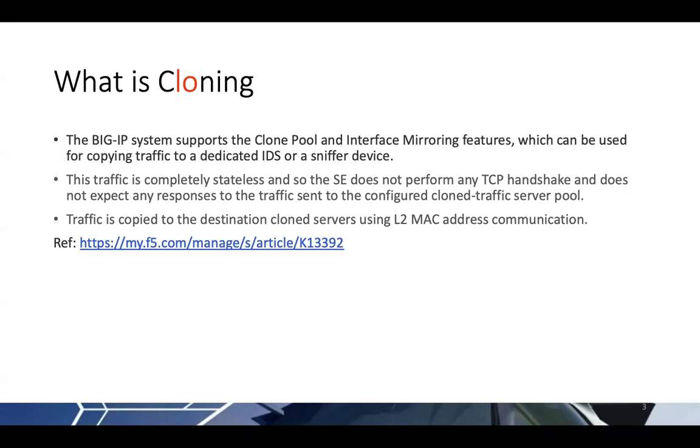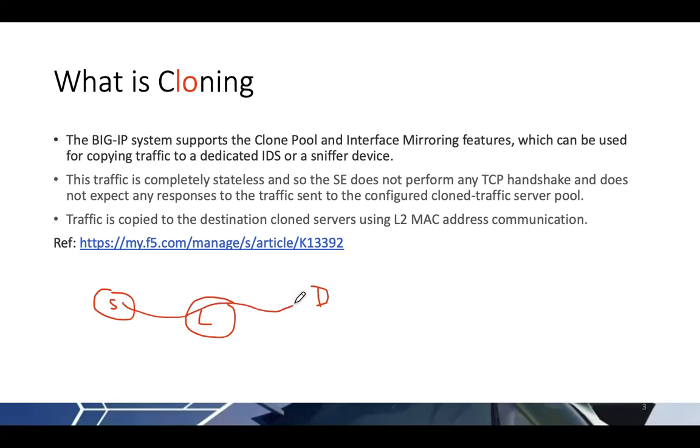As we say, when the copy or the clone of the traffic is being sent to the IDS or IPS or the clone server, the load balancer doesn't perform any SSL handshake. What I mean is, this is the load balancer, this is the source server, and it is trying to reach a destination server protected behind a load balancer.